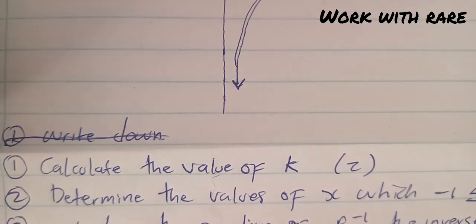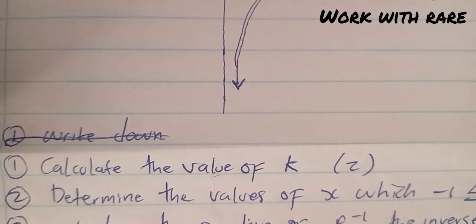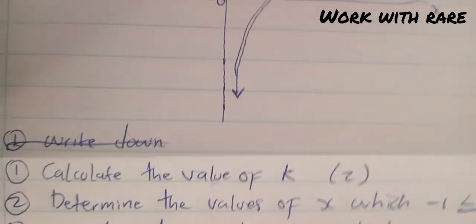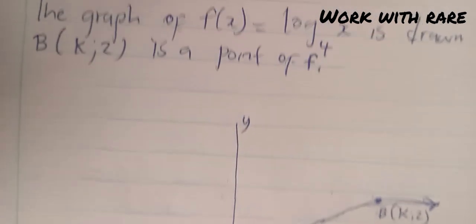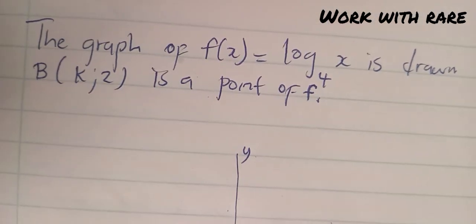They want you to use what you are given. From the statement, we are given f of x, the function, and the coordinate of B only. So I will use these two things to calculate the x value of B, which is k.